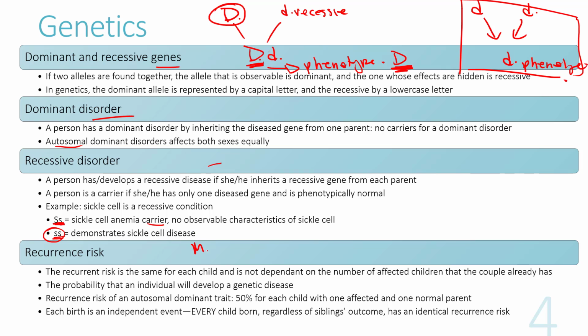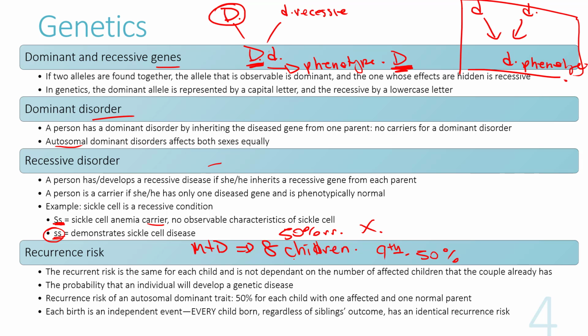So if you have mom and dad and they have 8 children, and these 8 children have a 50% recurrence risk of inheriting disorder X, what happens when they have the 9th child is that the 9th child will also have a 50% chance of inheriting the disorder, right?